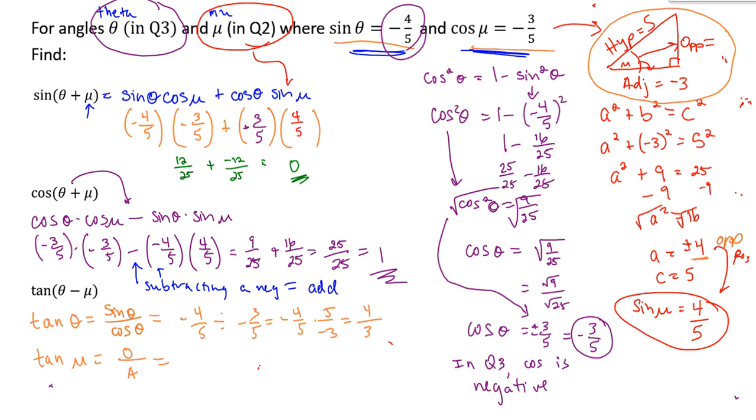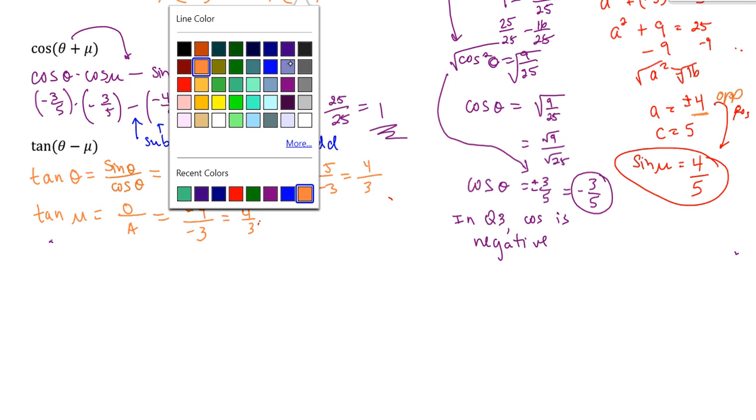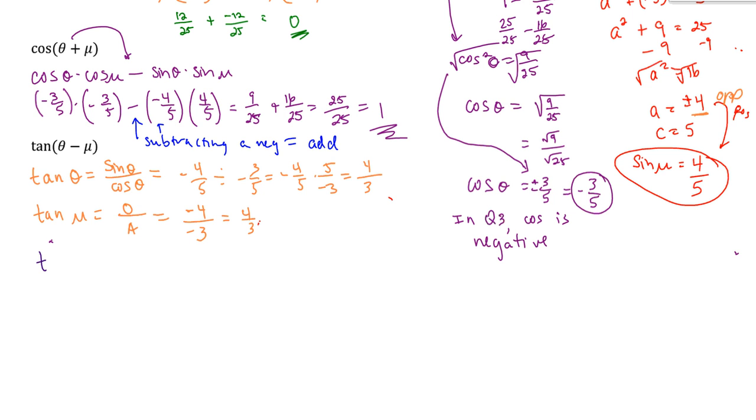We know that the adjacent was negative 3. The opposite was either plus or minus 4. Since it's in quadrant 2, that means it's going to be a negative 4. And that gives us our 4/3 again. All right, same idea for tangent. Oh, just kidding, we found them both.